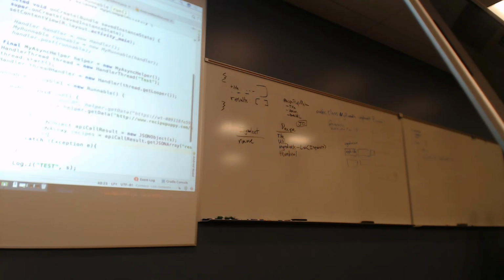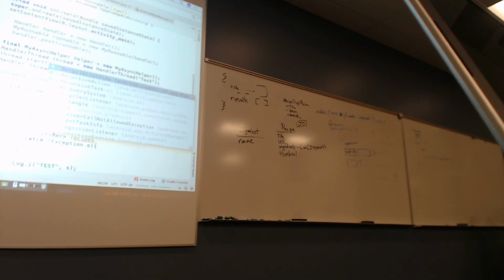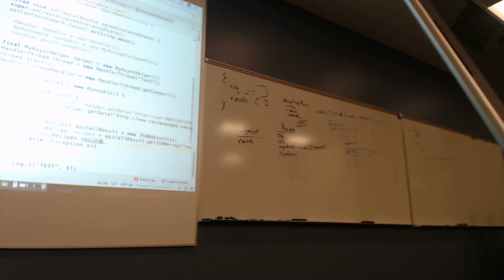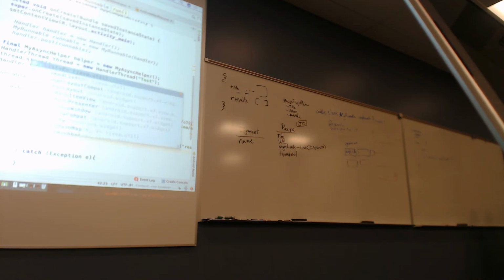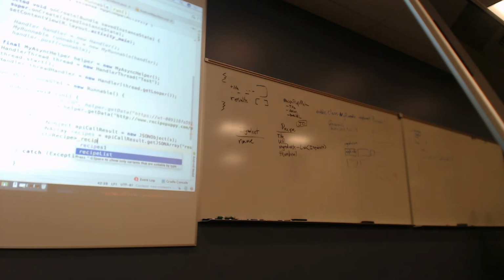So I'm going to make a list. It's using the same name as the JSON array. Besides that, we just do a for each. So we'll do a linked list, recipe equals new linked list, and then we'll do a for each.